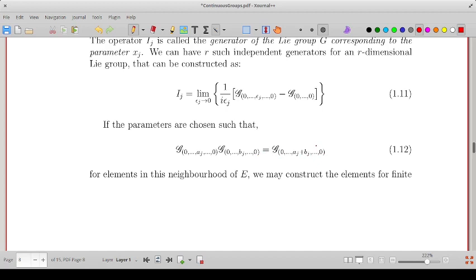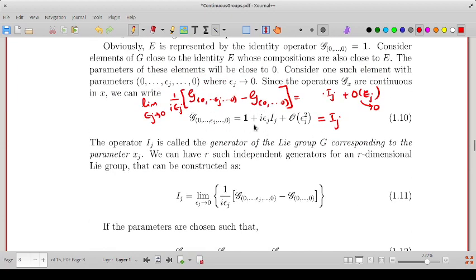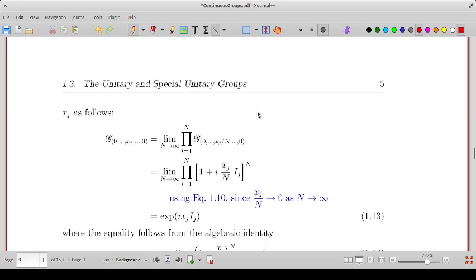So that means if we only change the parameter x_j, we have G(a_j) times G(b_j), and that will be equal to G(a_j plus b_j). So if we can choose parameters in such a way, that means, by the way, all these equations were written for infinitesimal changes from the identity element.